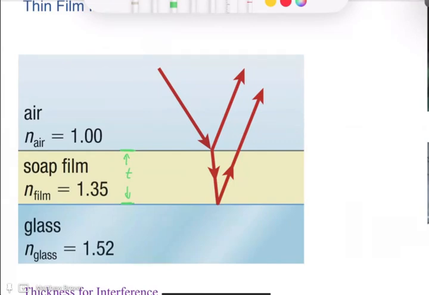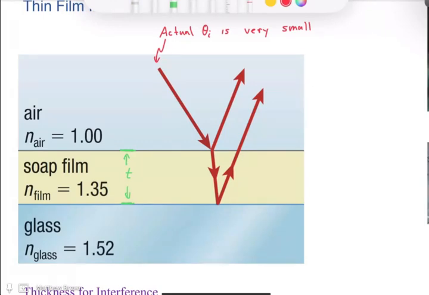So this is exaggerated a little bit; in reality, the angle is small. So I'll just put a note here: small. We're just exaggerating this a little so we can show some of the geometry of what's happening.